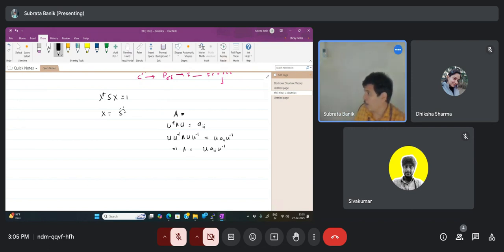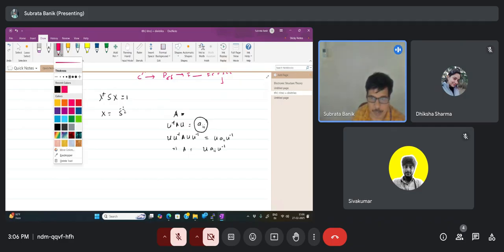So diagonal is a special case of the matrix. Now, if that is the case, you can take any function of the diagonal form. If I want to get the square of a matrix and that matrix is diagonal, then it's the square of each element. I hope you understood this.